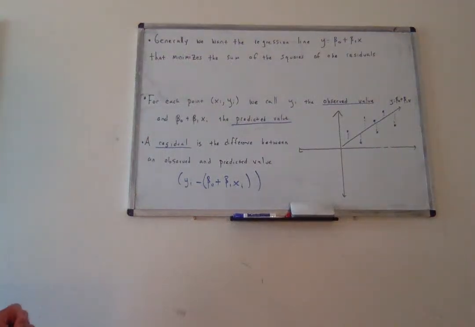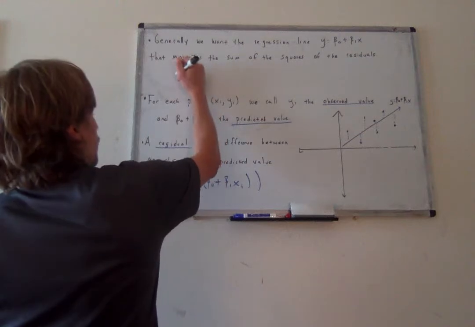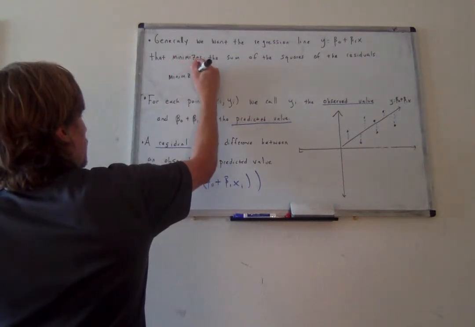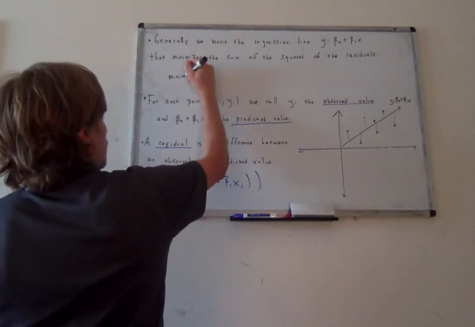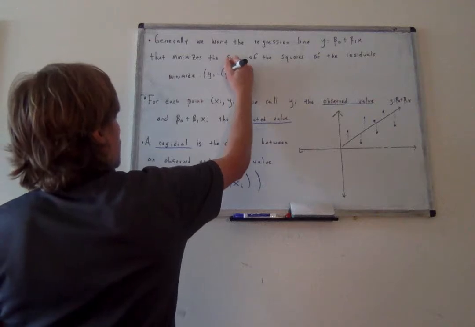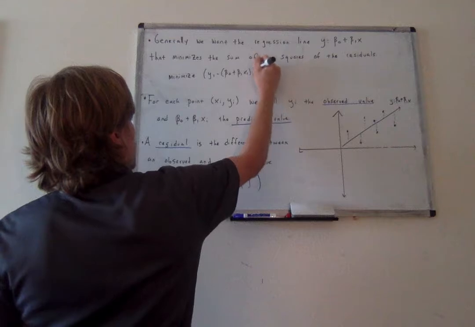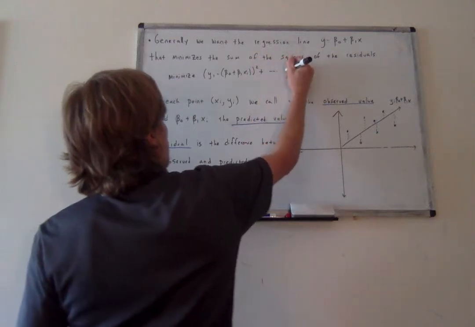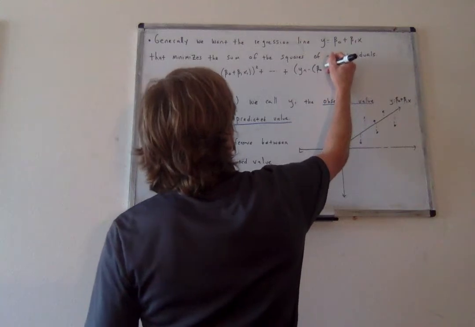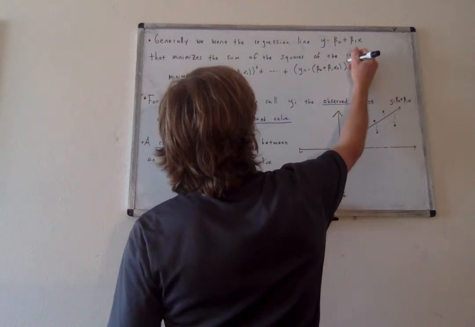That is, we want to minimize y1 minus beta 0 plus beta 1 x1, quantity squared, plus all the way out to y sub n minus beta naught plus beta 1 xn, quantity squared.